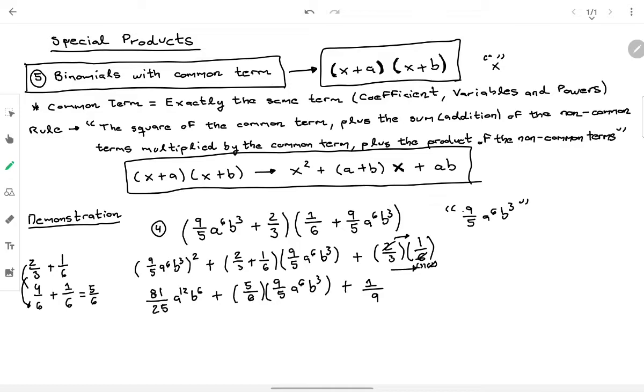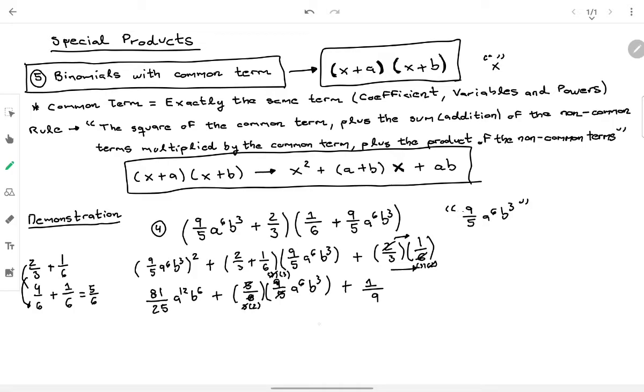In this case, we need to make the multiplication to end, so it will be 5 and 5. 9 over 6 we can simplify, because 9 is like having 3 multiplied by 3, and 6 is like having 3 multiplied by 2. So we can simplify this 3 with this 3.